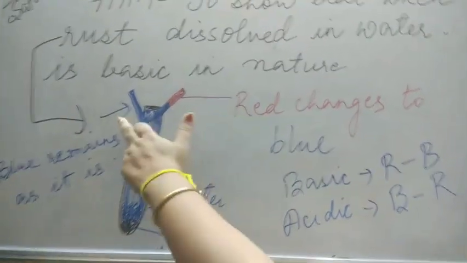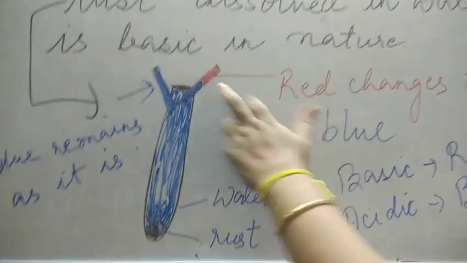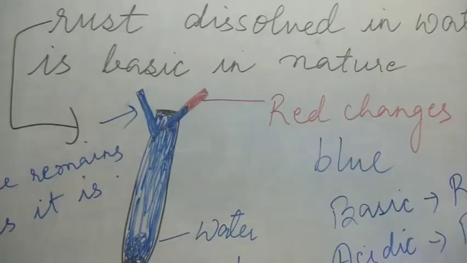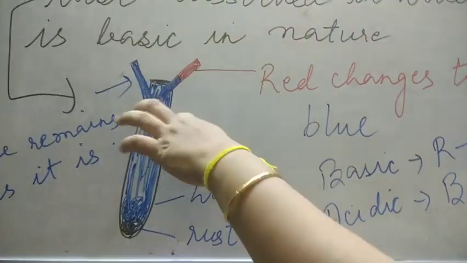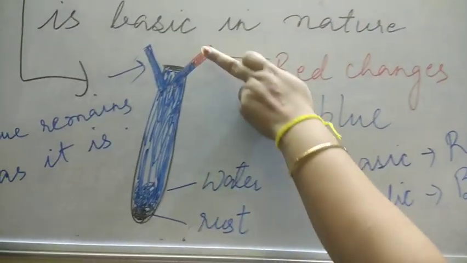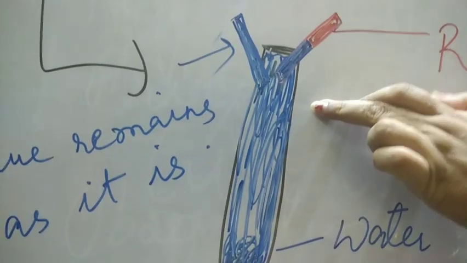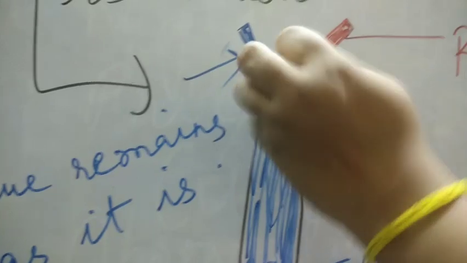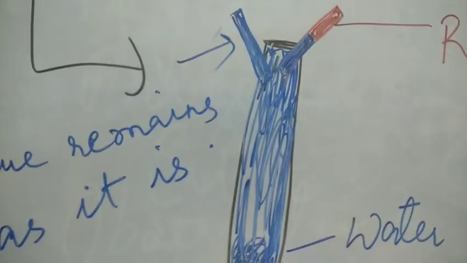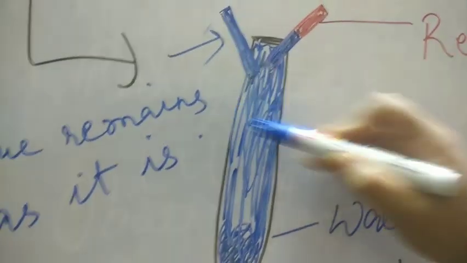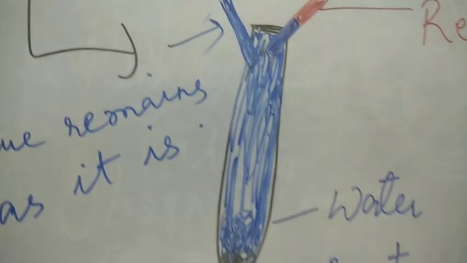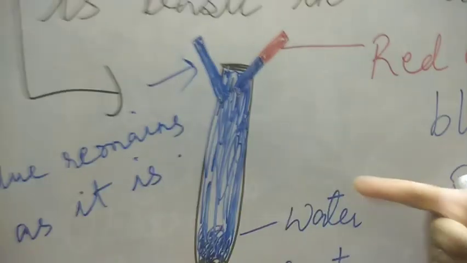So I took both, one is red, another one is blue. And what I did, I dipped both the litmus papers halfway. In a half part, the litmus paper is in the test tube and the other half is outside the test tube. So the half which is touching this suspension, that will show you whether the litmus paper is changing color or not.